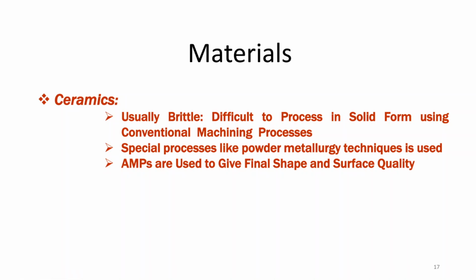Ceramics are usually brittle, so these are difficult to process in solid form using conventional machining processes. So special processes like powder metallurgy techniques are used, and AMPs are used to give final shape and surface quality.